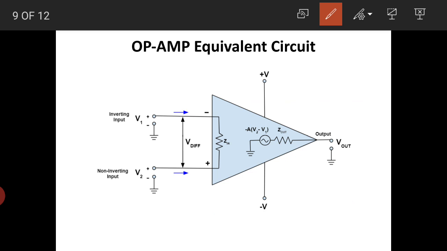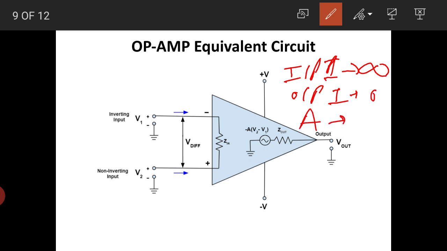And the amplifier gain, so from here we have concluded that the input resistance or impedance of the operational amplifier is infinite, output impedance is 0, and the amplifier gain, as we already said, is very high, from 10 raised to power 5 to 10 raised to power 6. So ideally it will be equal to infinite.